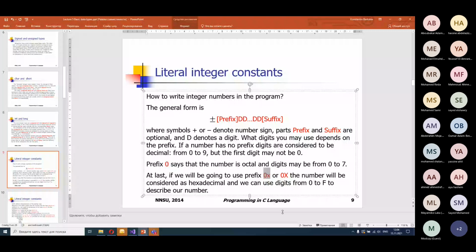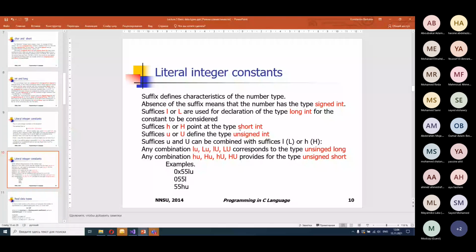And sometimes we can use a suffix. A suffix characterizes the type of the number. For example, suffix L is used for declaration of a constant of long int, H for short int, U for unsigned int.